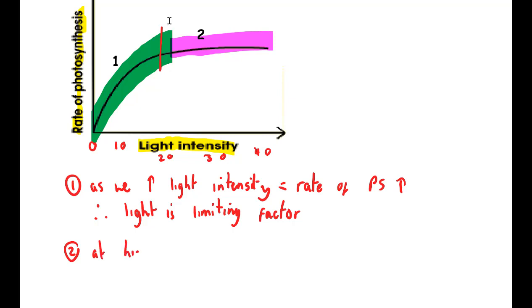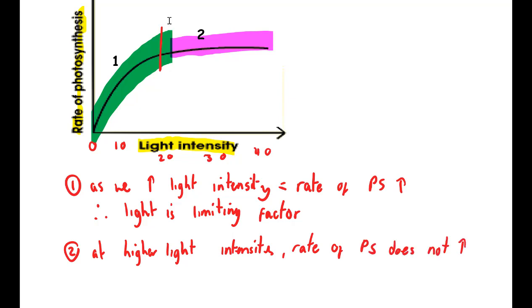So at higher light intensities, the rate of photosynthesis does not increase. So that tells us that something else must be limiting.